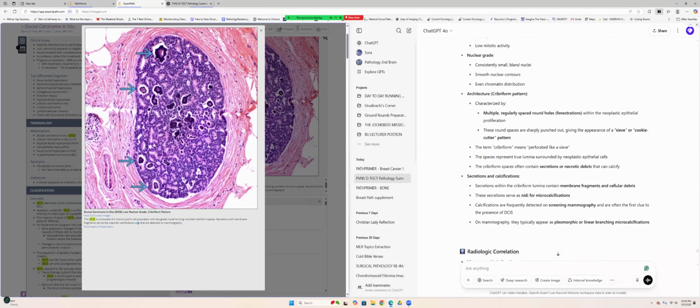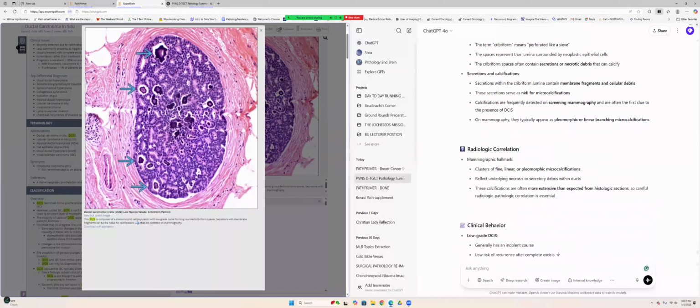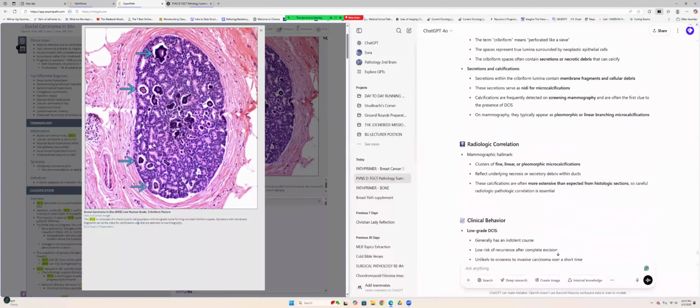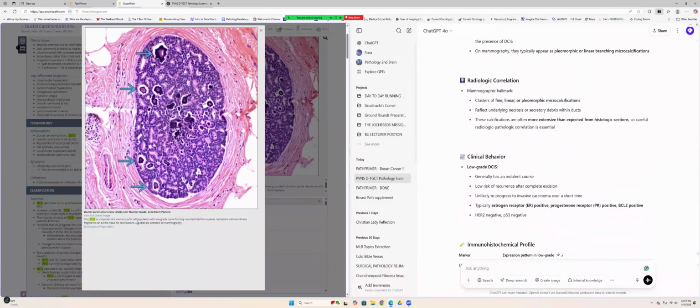They have regularly spaced round holes known as fenestrations within the neoplastic epithelium. These round spaces are, okay, I think that's all. So, what kind of classification will this be in radiology?